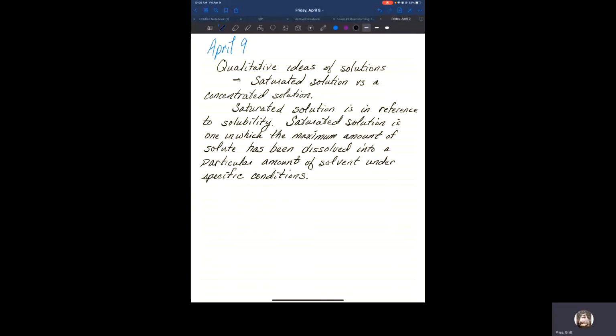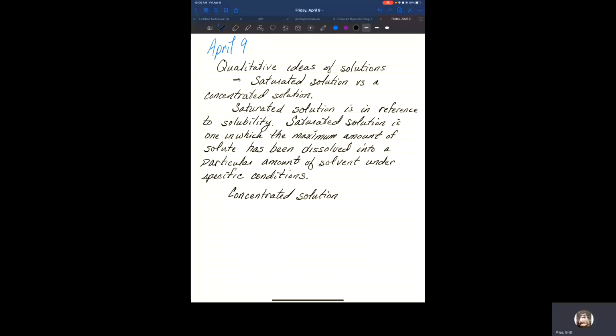A concentrated solution is a little bit of a relative scale.